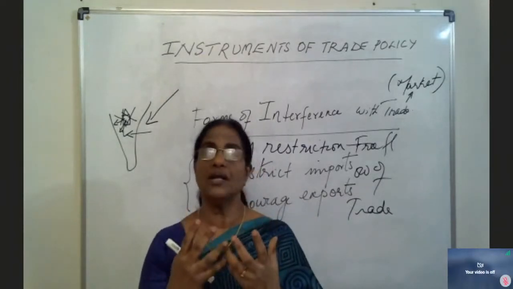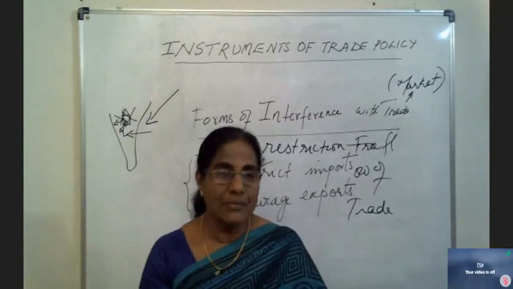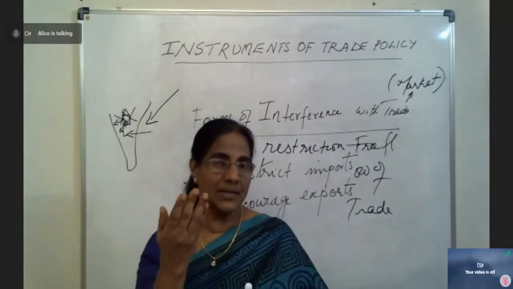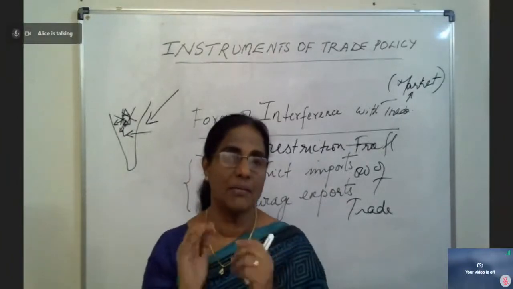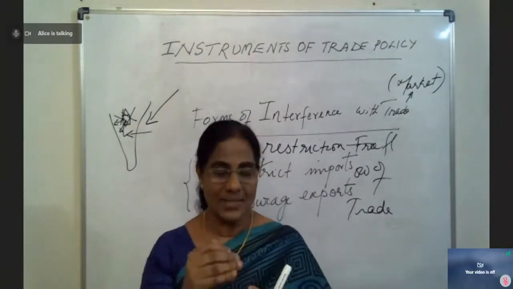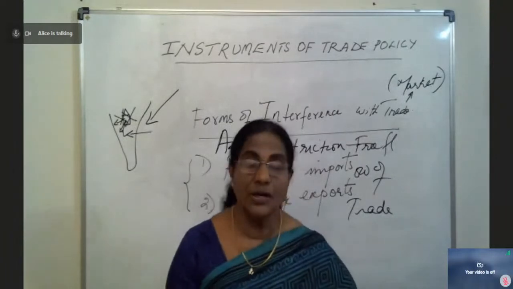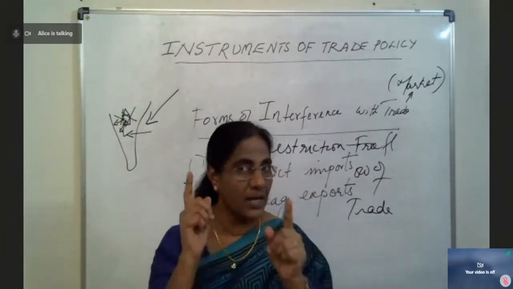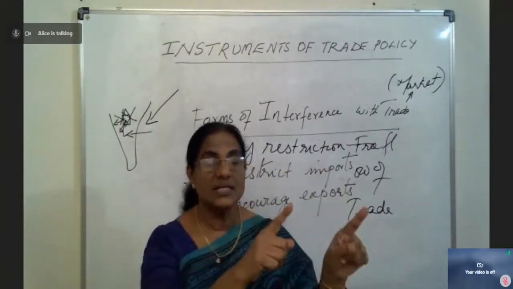So this is open and visible. Sometimes it is very, very secret. You will not understand that this is a barrier. So that is what I said. As knowledgeable people, you need to recognize, if this is so, this is a barrier.